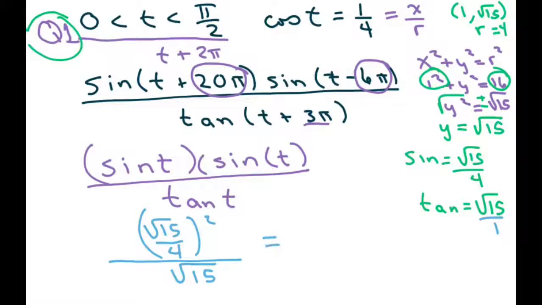So the numerator is going to be 15 over 16, and the denominator is going to be square root of 15. Now, I can simplify that by writing it as 15 over 16 divided by square root of 15.